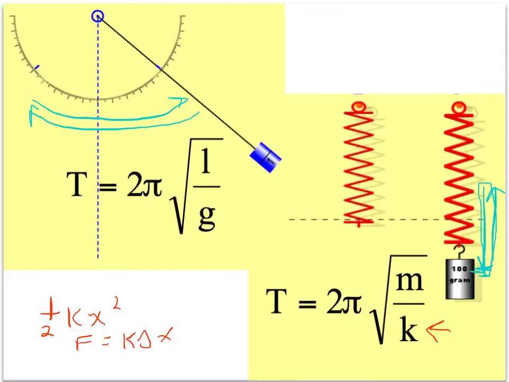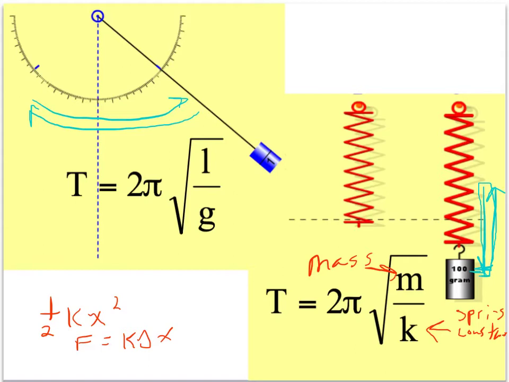K is the spring constant, or how stiff the spring is. The stiffer the spring, the smaller the period, since that k is on the bottom of the fraction, and the mass of the thing on the spring. So the bigger the mass, the longer the period. And you could actually see that happening with inertia. The more mass you have, the harder it is to get the spring to pull you back the other way. Those two things determine the period of the spring.